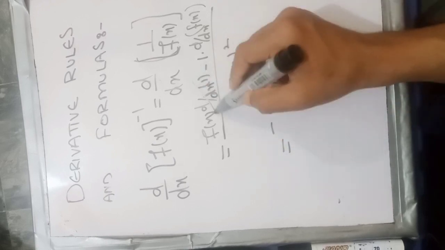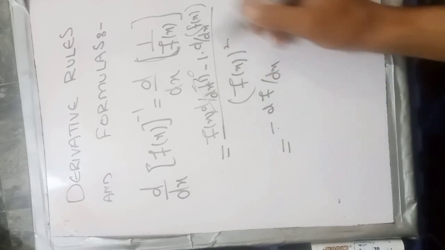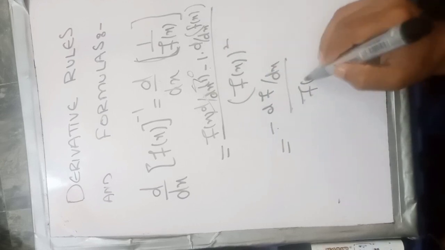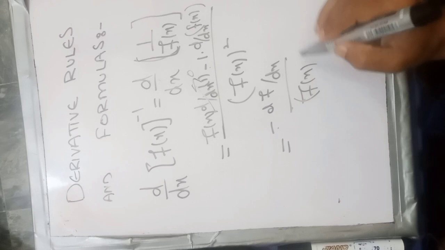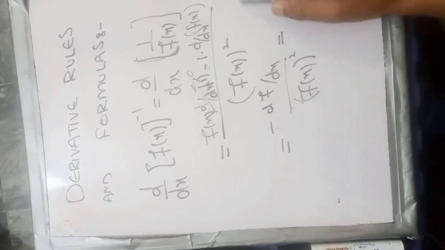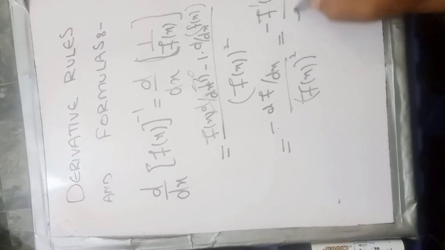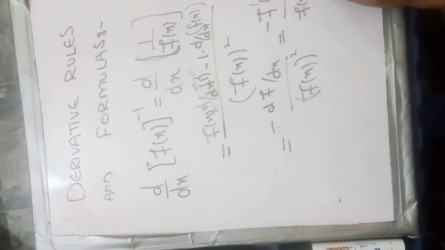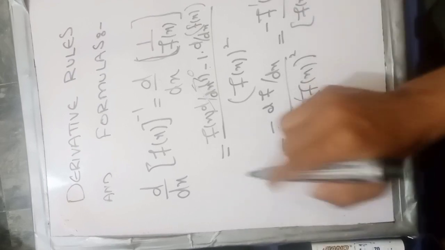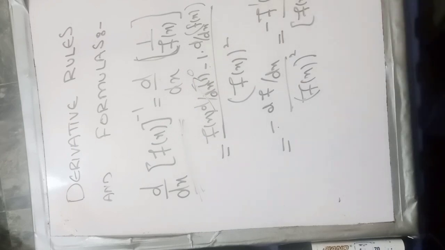Again minus, because the derivative of 1 is 0, a constant function becomes 0, so minus 1 as it is, derivative of this function, and f of x whole square. In short, we can say minus f derivative of x over f of x square. That is basically the derivative of this function. Is it okay now?